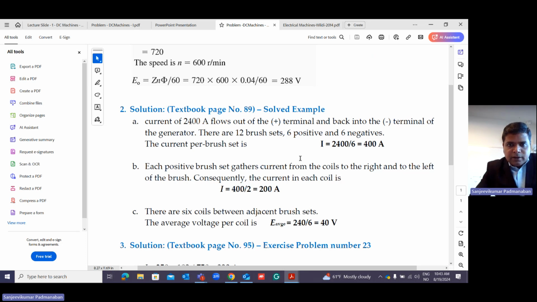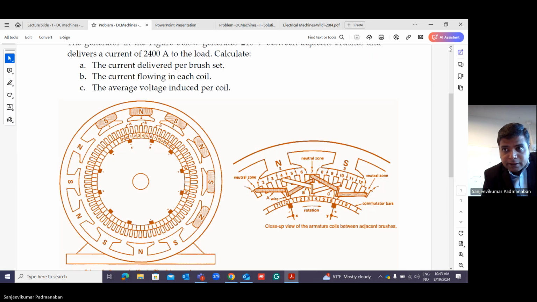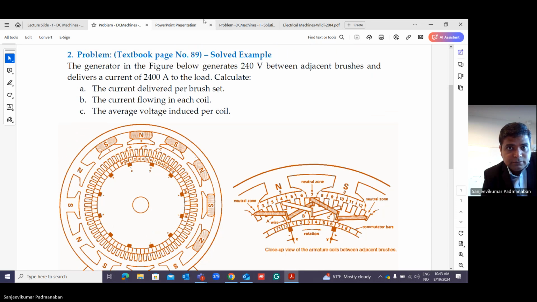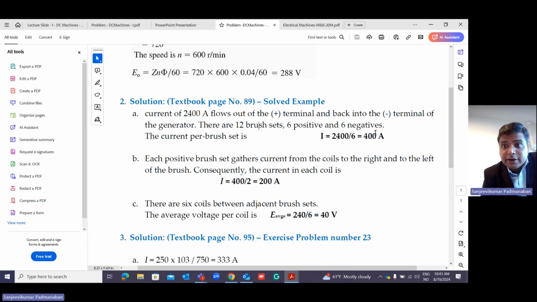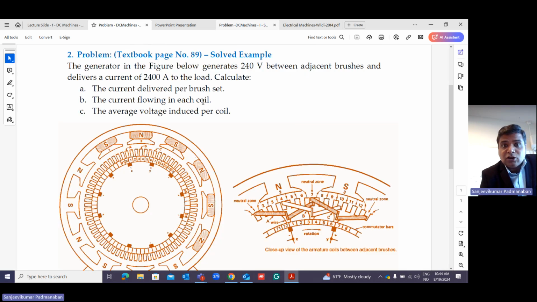We already know the total current given in the problem, and we already calculated the current through each brush set is 400 ampere. So that divided by 2, you get 200 ampere, which is the current flowing in each coil.